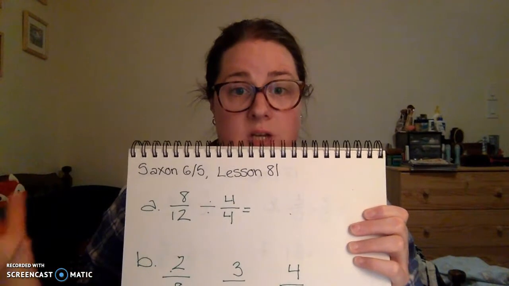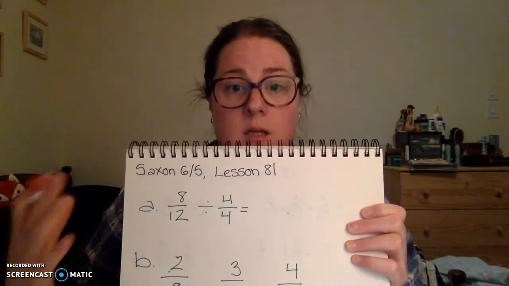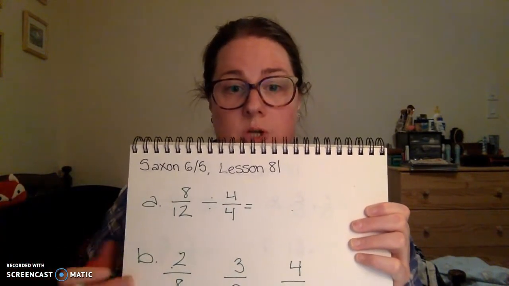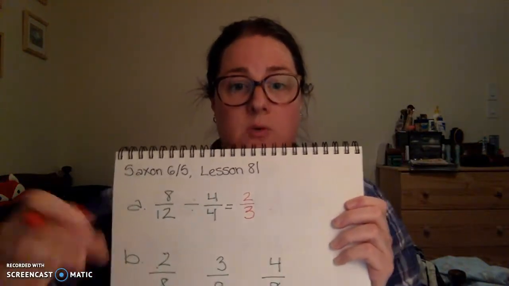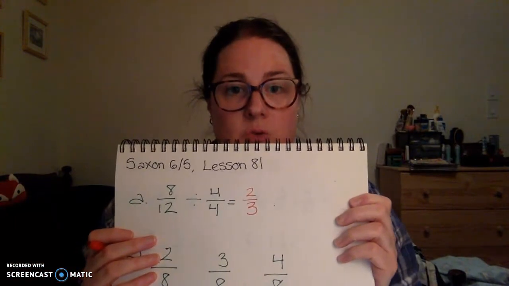It's going to be a fraction named for 1 using 4 as both terms. So 8 divided by 4 is going to give me 2, and 12 divided by 4 is going to give me 3. So my new fraction, my reduced fraction, is 2/3. Fair enough?